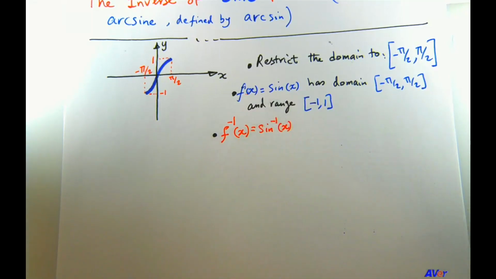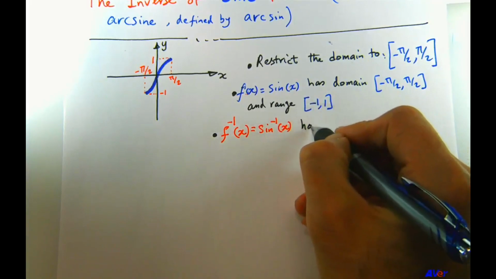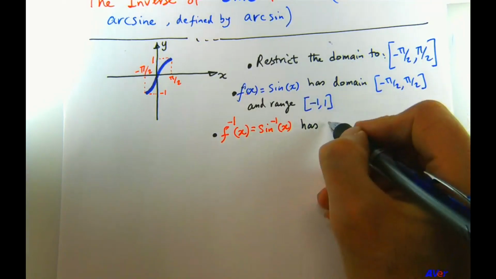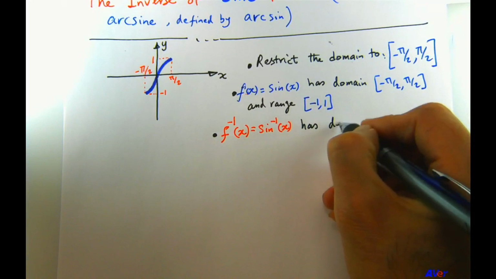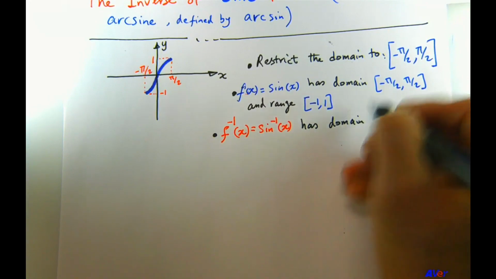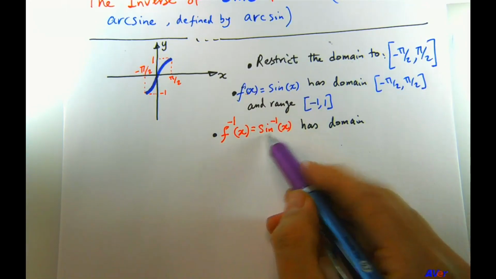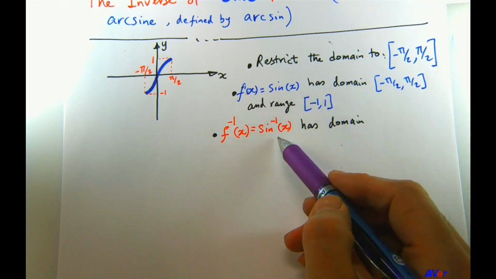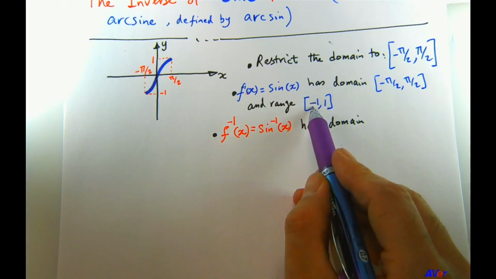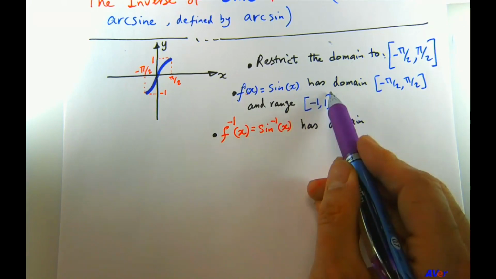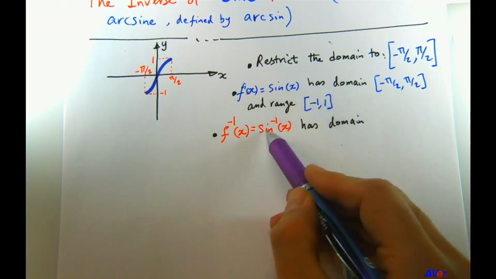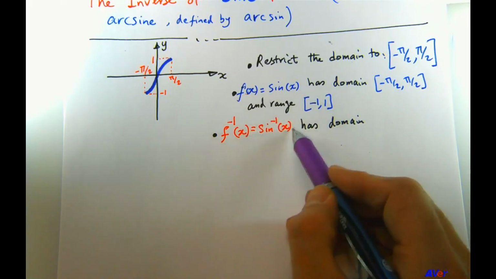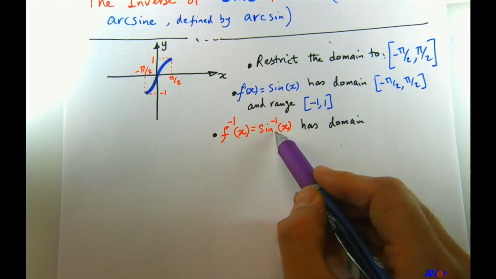So this one has domain... What should the domain of the inverse function be, looking at this? It should be this, right? Because the roles of the domain and range are swapped when we are writing the domain and range for the inverse function.